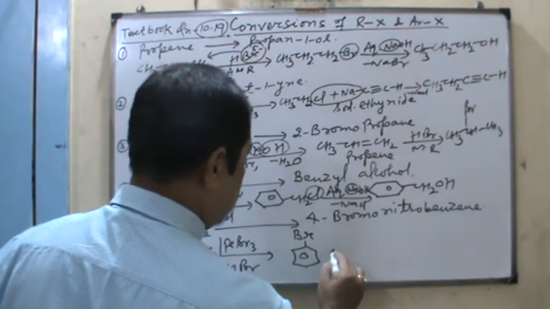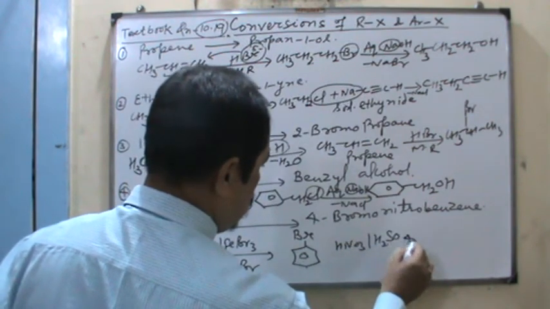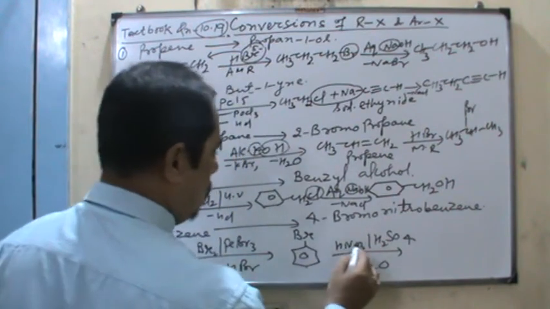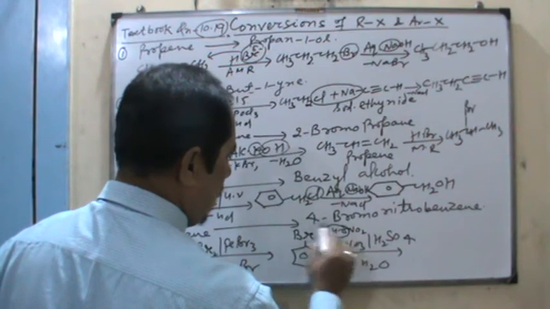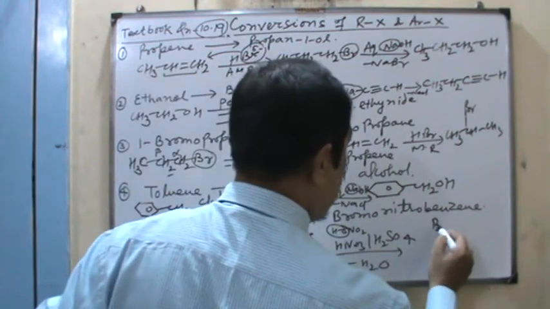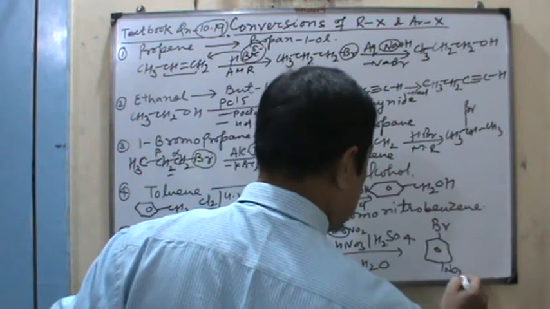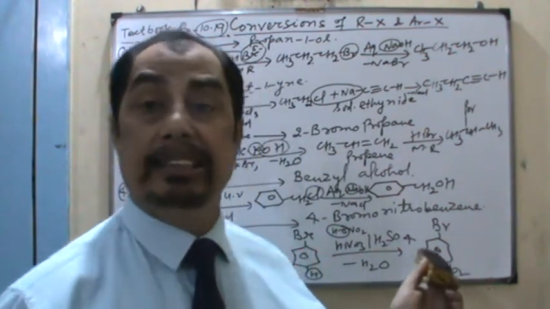So here further you get the nitration, HNO3 with H2SO4. Water is lost here because HNO3 is going to break like this. If you remember the electrophilic substitution reaction, there I have explained you OH plus H, and that is the 1-bromo 4-nitrobenzene.